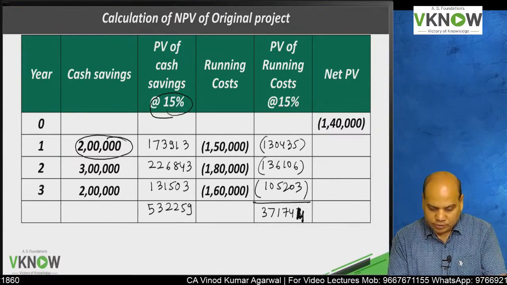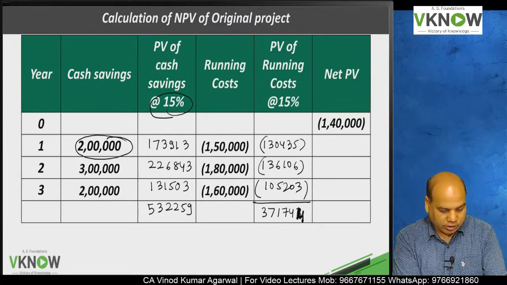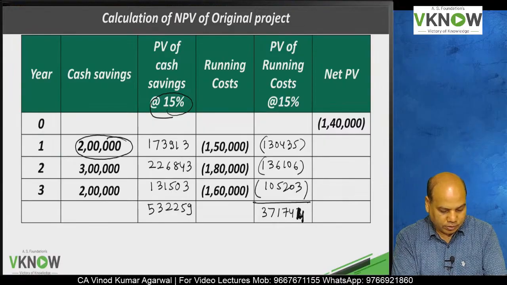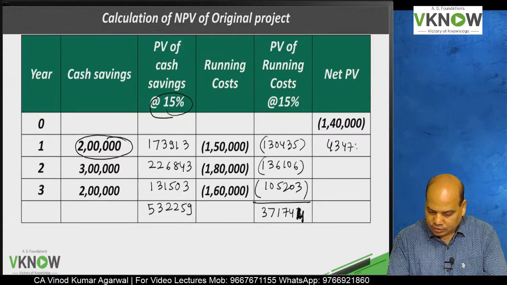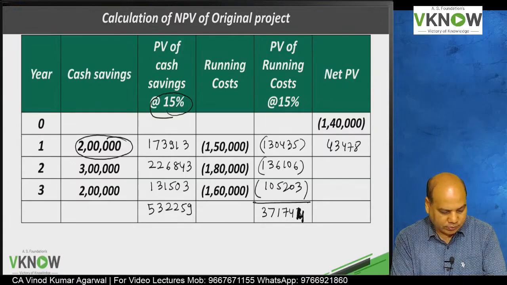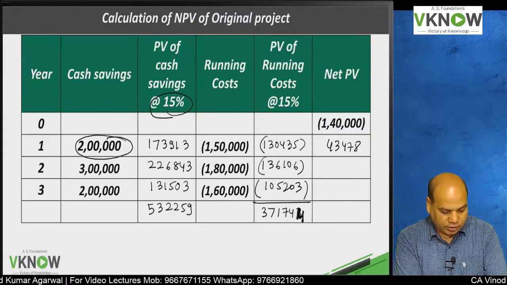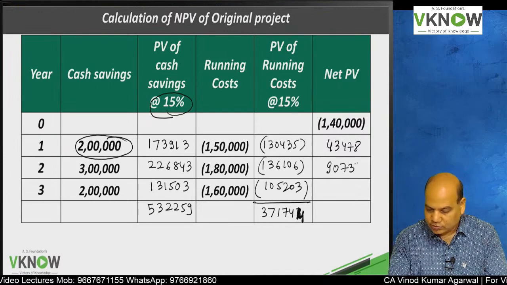Now we'll compute NPV. 173,913 minus 130,435 equal to 43478, memory plus. Then 226,843 minus 136,106 equal to memory plus, 90737.